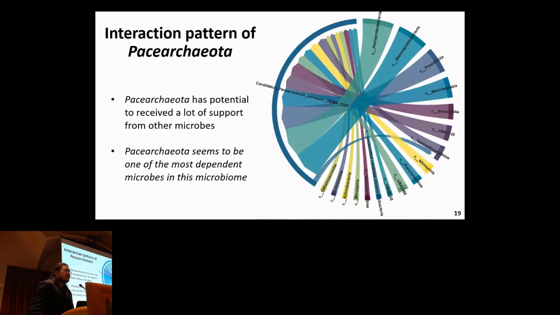You can see that all the arrows are going towards Paseurchiota, which means it has the potential to get a lot of support from other microbes, while only one arrow goes from Paseurchiota to other microbes, which says it has very little potential to support others. This tells us two things about this archaeon: it is very dependent on other microbes in this environment, and it has very little metabolic capability here.